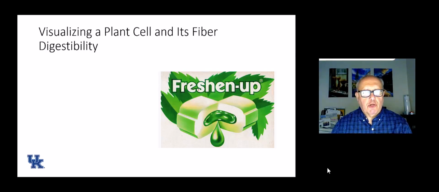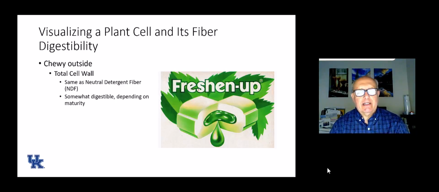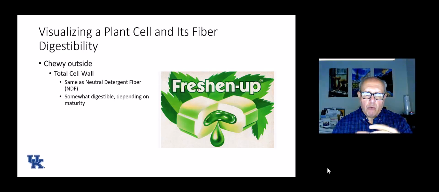Going a little further, let's try to visualize this by relating that plant cell to fiber and fiber digestibility. The chewy outside, as we said, is the same as the total cell wall. Now, this is the first time we equate something in the cell to a forage analysis. The total cell wall is the same as neutral detergent fiber, or NDF.